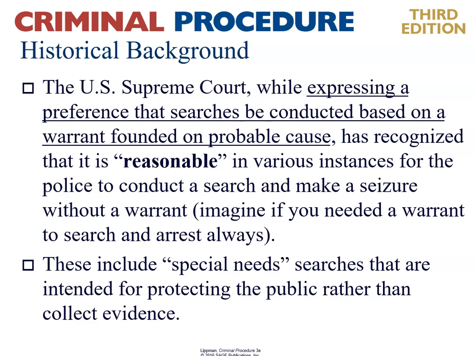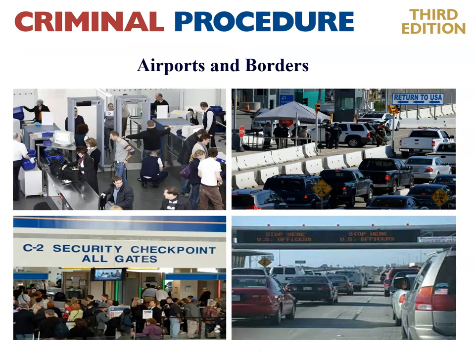They could include searches, let's say, at airports or at the border between the United States and Mexico, or the United States and Canada. We'll talk more about these in Chapter 7, but there are some exceptions to the warrant requirement. Now you've seen that when you go to the airport, you go through all the detectors and things like that. If you're going across the border, you're going to be subjected to all these different detectors and things like that.